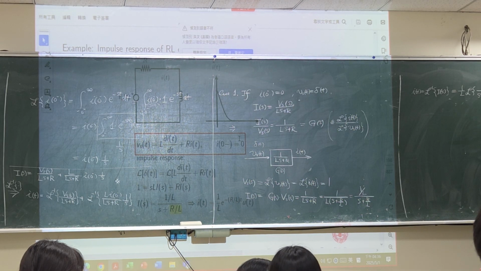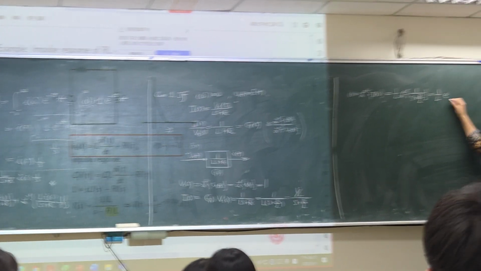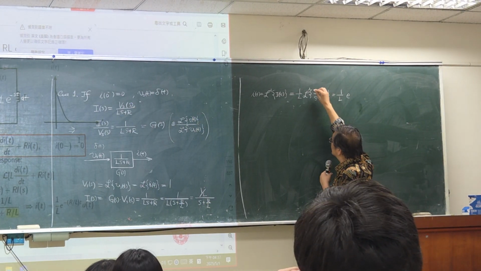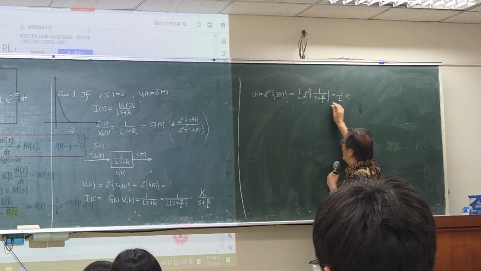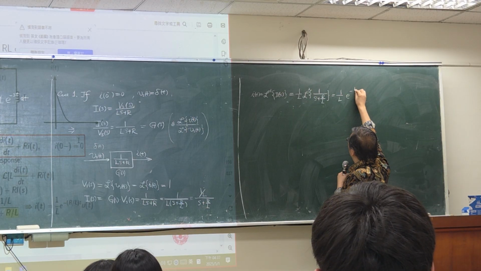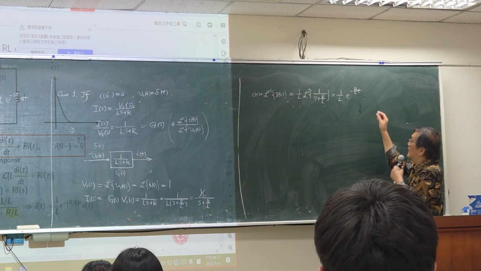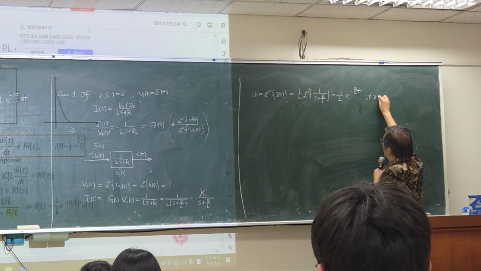Come on, this is one of the most important functions I need you to memorize. What is the inverse Laplace transform of this thing? Okay, good. And this is for t greater than or equal to 0.